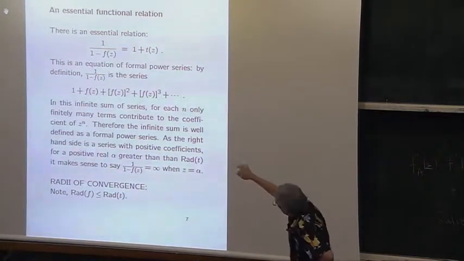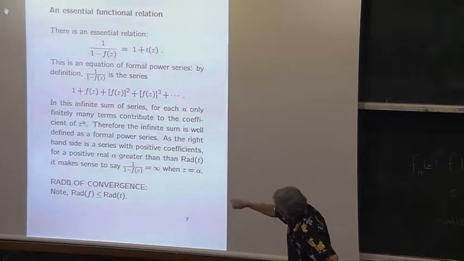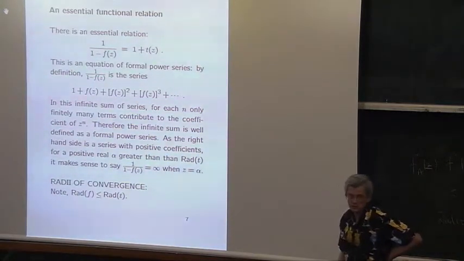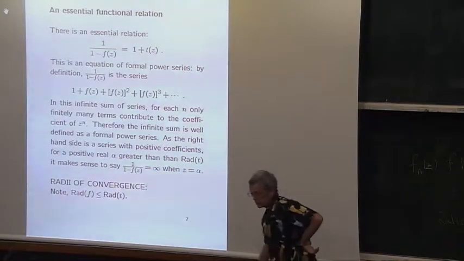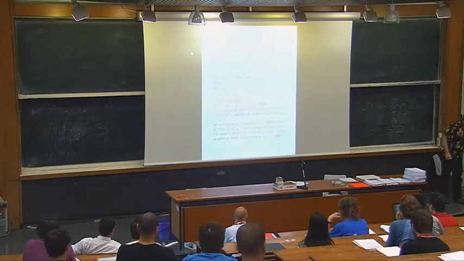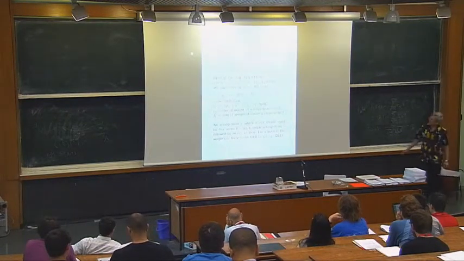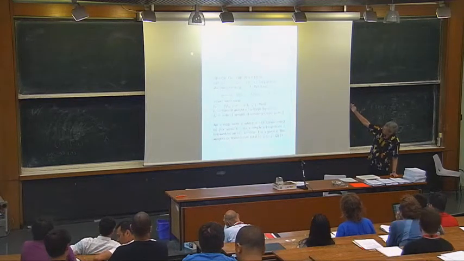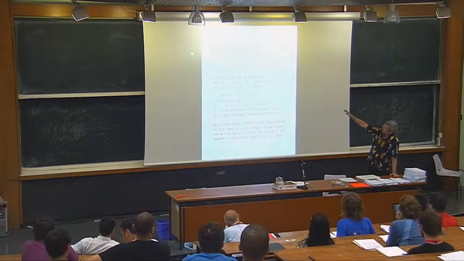Okay, and from the series, you can also see that the radius of convergence of f is less than or equal to the radius of convergence of t. And this relationship is going to be quite important. Now here's an example. Suppose we have a single vertex with a self-loop labeled 2. In this case, f of z is 2z.